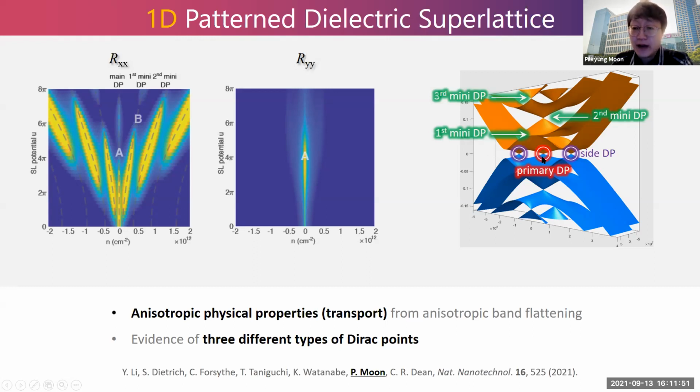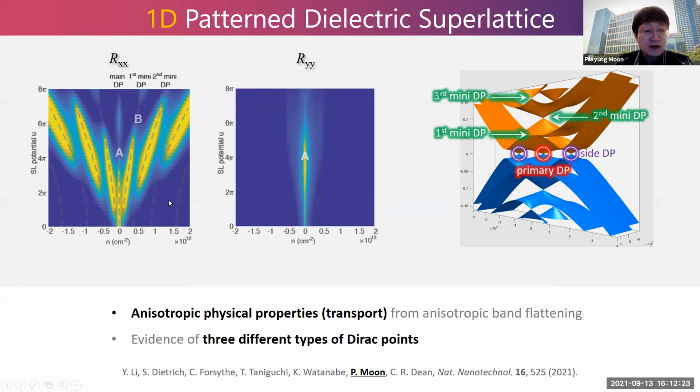So if this is flattened, the resistivity increases. But at 8 pi, the new side Dirac point emerges, so it provides an extra transport channel. So even though the primary Dirac point is flattened, as you can see from the dip in the RXX, we do not see any peak in RYY. That's the evidence of a side Dirac point.